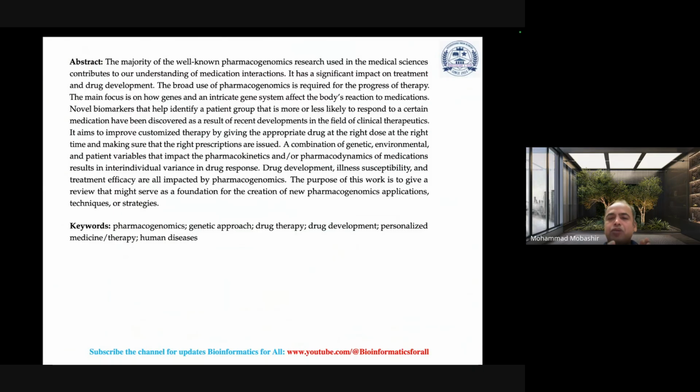The purpose of this work was to provide a review that might serve as a foundation for the creation of new pharmacogenomics application research publications, techniques, and strategies. The main keywords or fields I have covered are pharmacogenomics, genetic approach, drug therapy, drug development, and personalized medicine in human diseases.